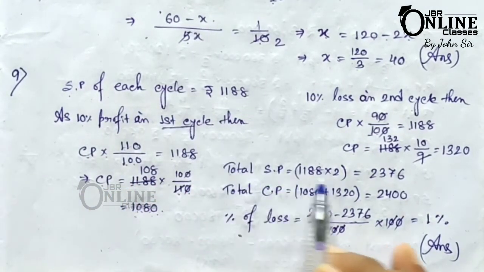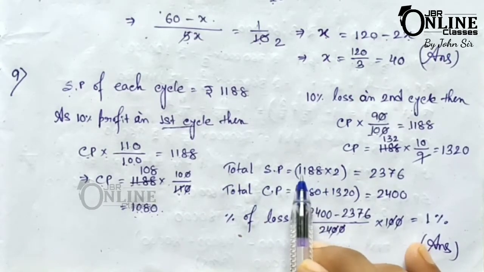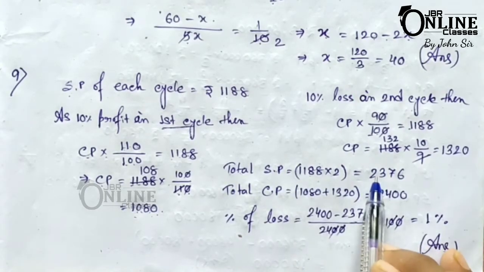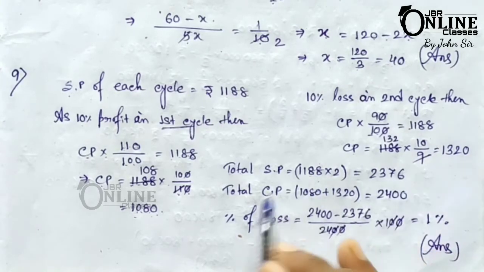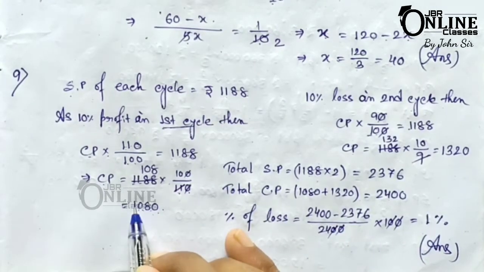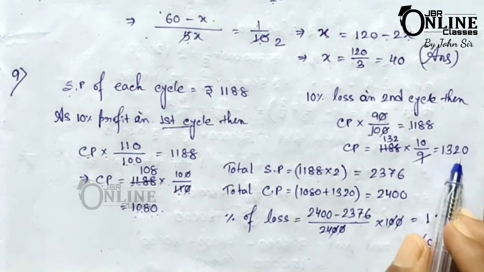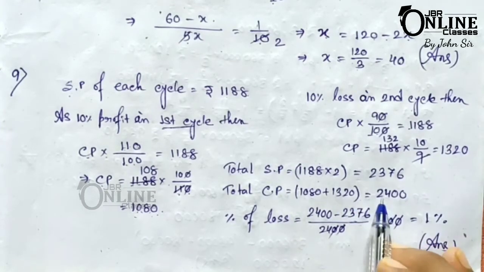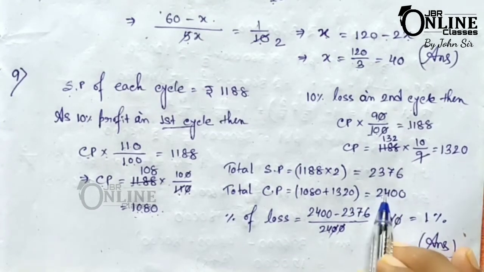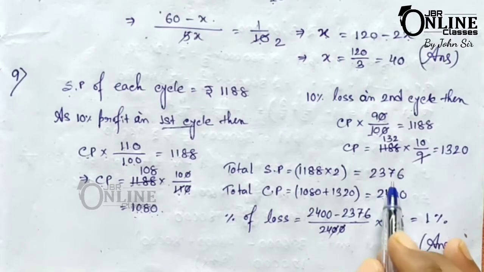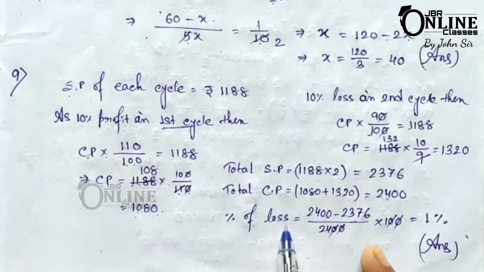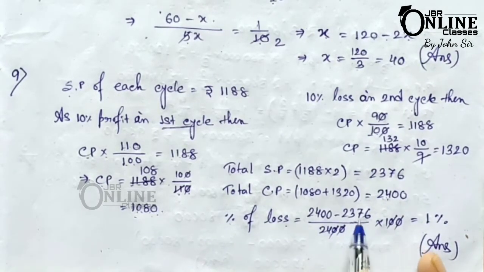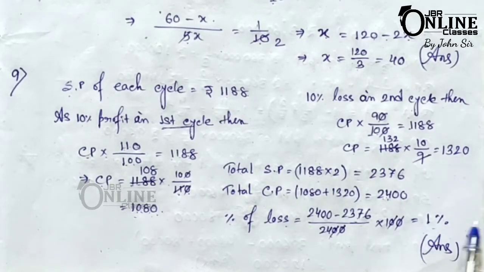That means the SP of 2 cycles equals 1188 into 2, and that equals 2376. Now total CP equals 1080 as the first one and 1320 as the second one. So just add it, and you will get 2400 as the total CP. Now here CP is greater than SP. That means percentage of loss equals (CP minus SP) by CP into 100, and that equals 1%.